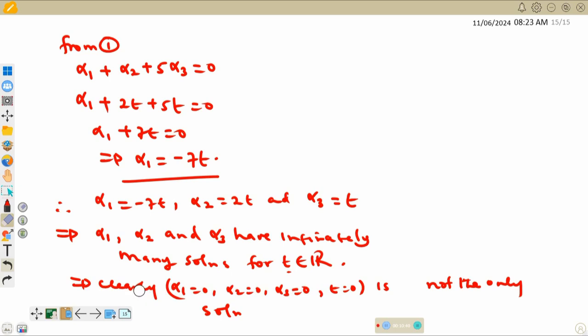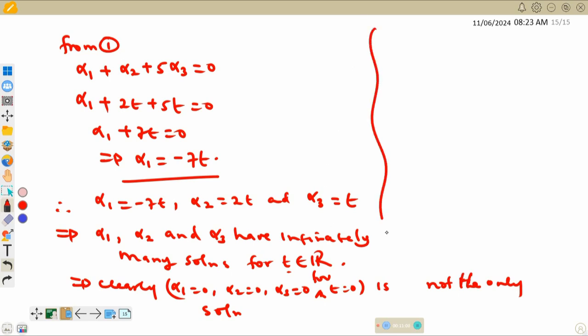But we have seen that alpha 1, alpha 2, and alpha 3 have infinitely many solutions, which means that the case t equaling 0 is not the only solution.